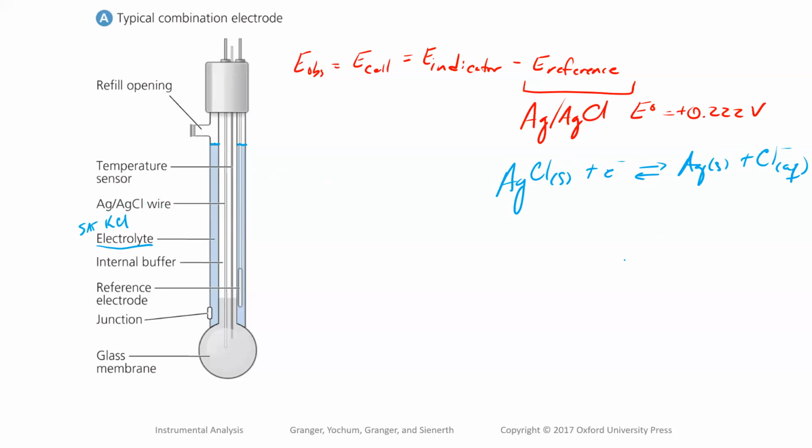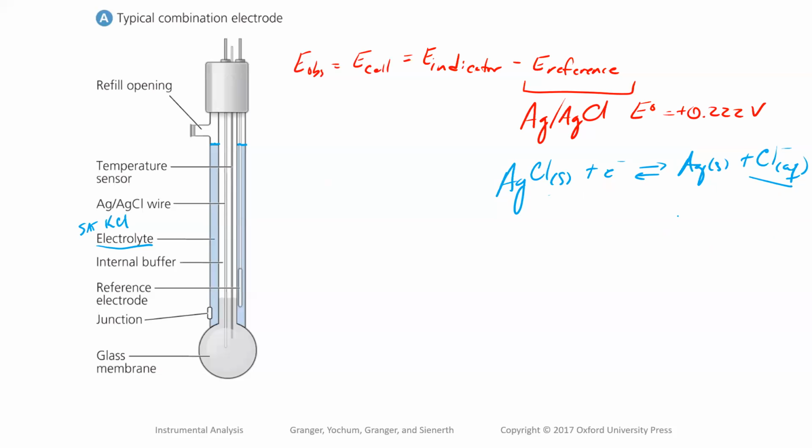Okay. So for this to be truly a standard, the nice thing about this is silver chloride solid doesn't participate in our equilibrium constant. Silver metal solid doesn't participate in our equilibrium constant. This Cl minus does, but as long as we keep it a saturated solution, that concentration shouldn't change, right?